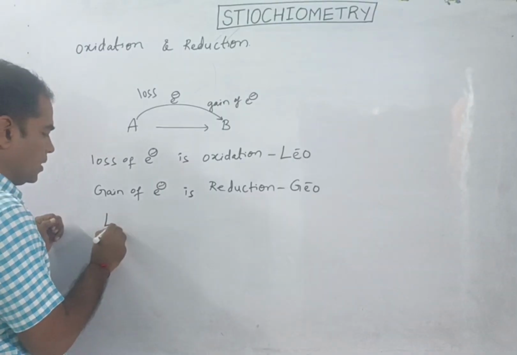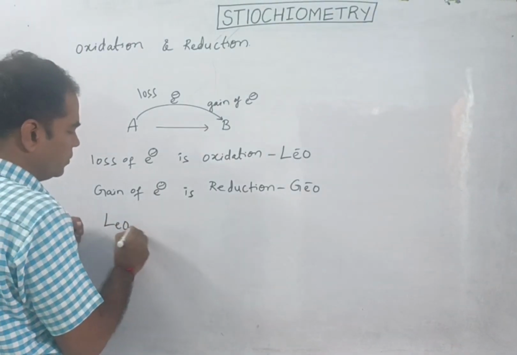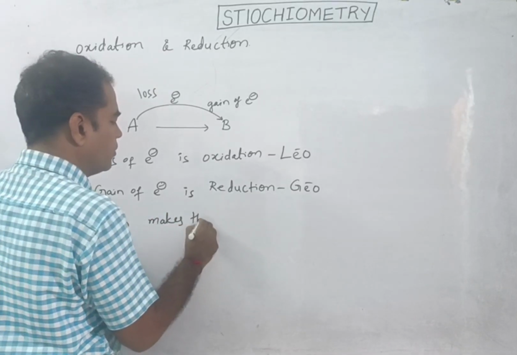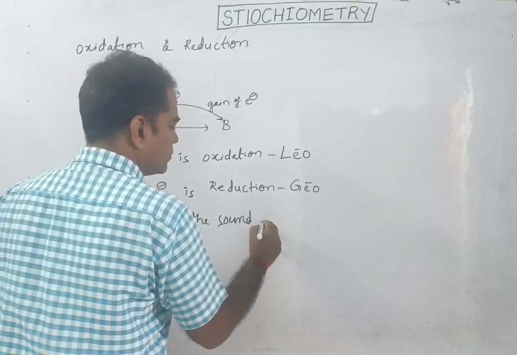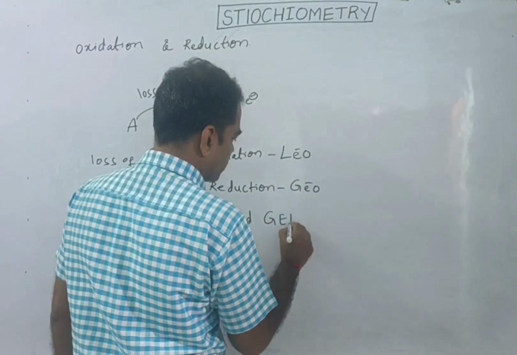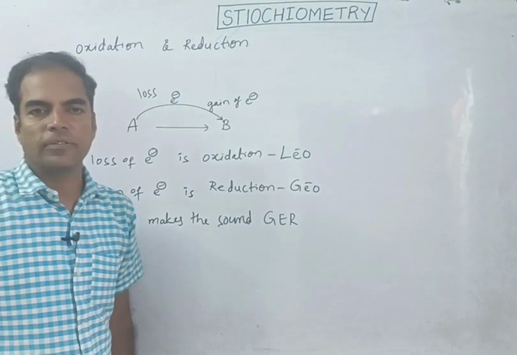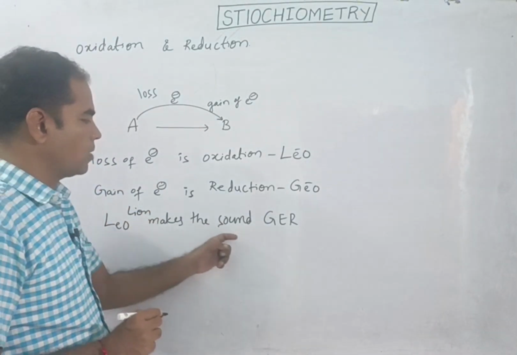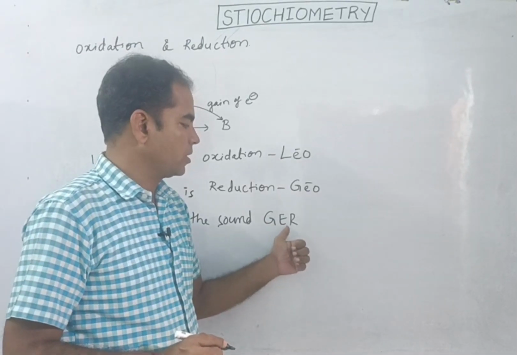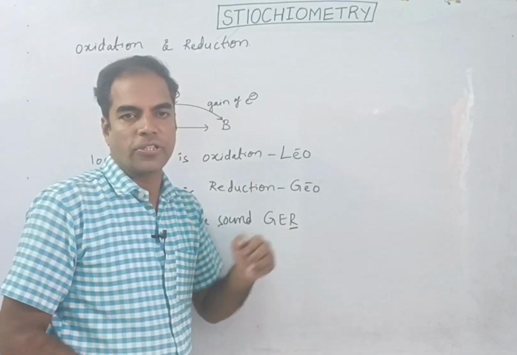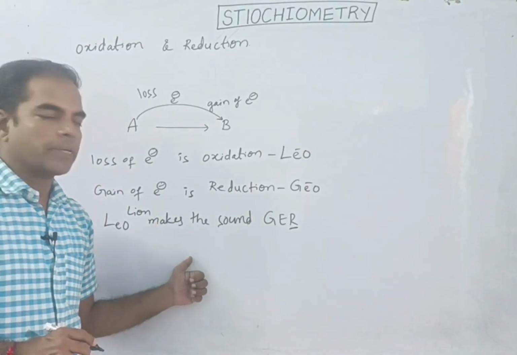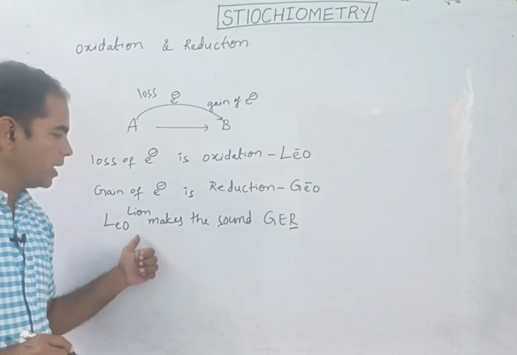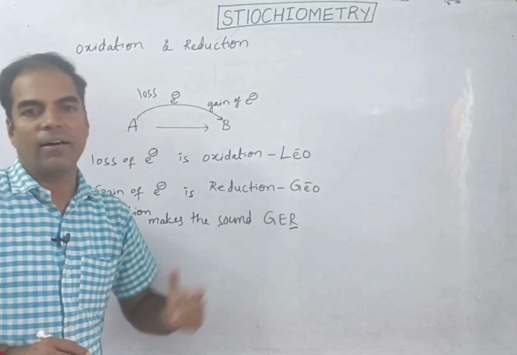We can also represent it as LEO the lion says GER. Loss of electron is LEO, gain of electron is GER, the lion makes the sound.